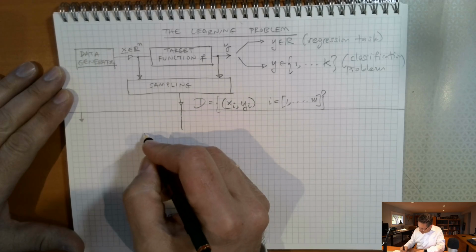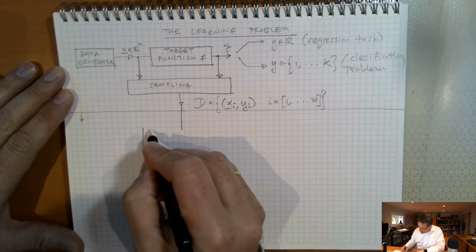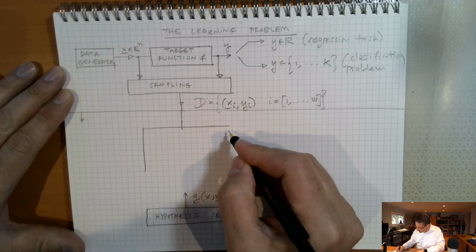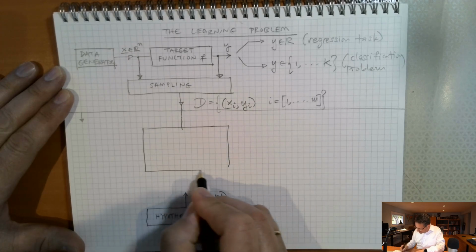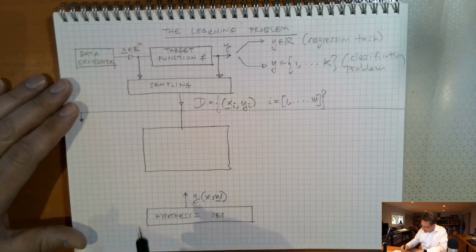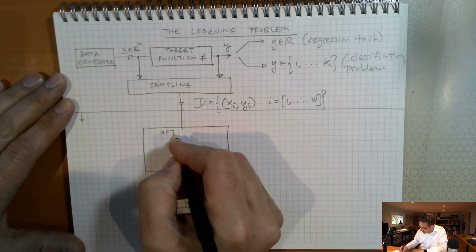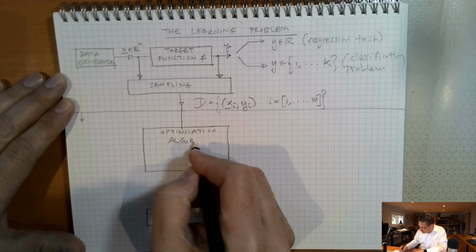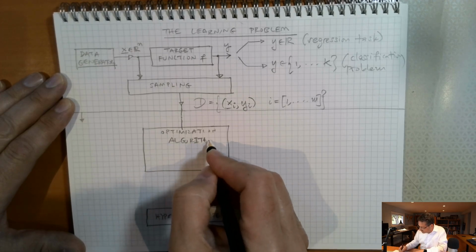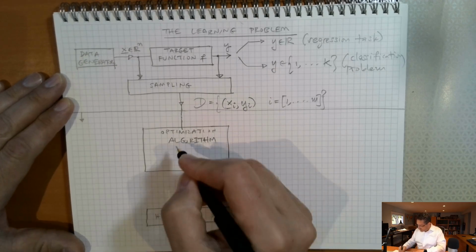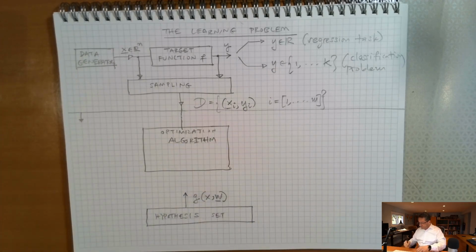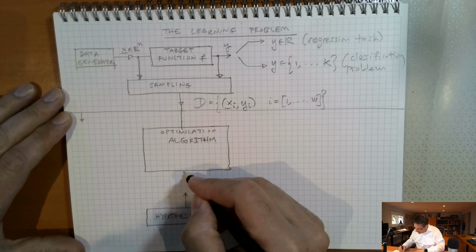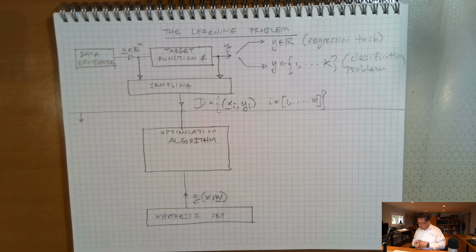So let's now draw the other block, which I will draw over here in the middle. This block, I want to call the optimization algorithm. The optimization algorithm is going to do a couple of things for us. It will receive the data from the top. It will also receive a hypothesis set.